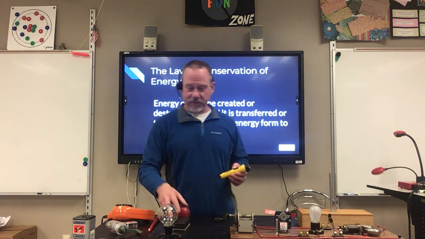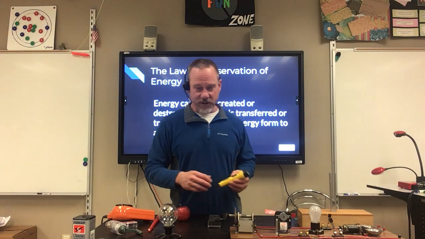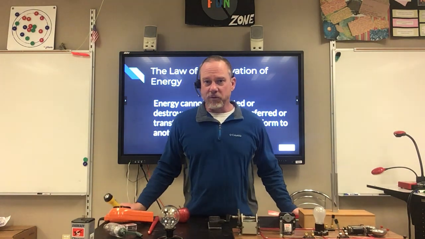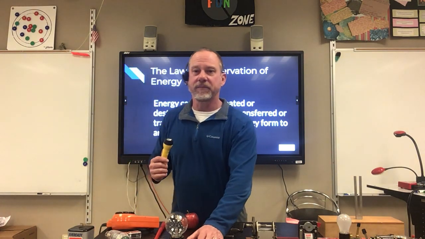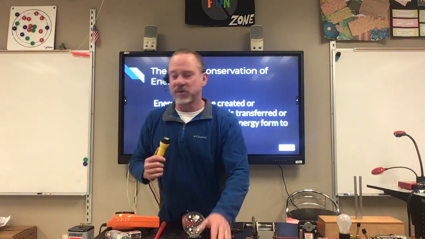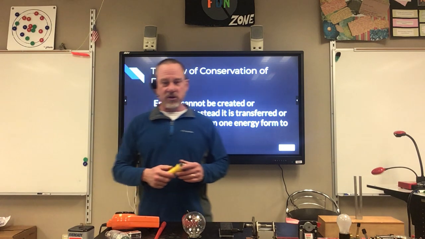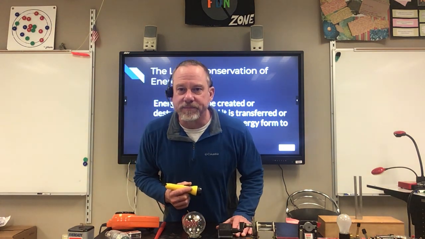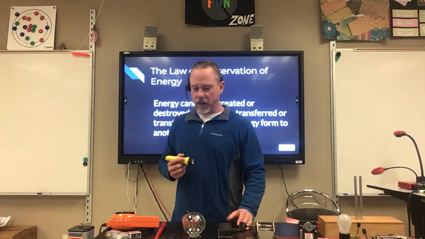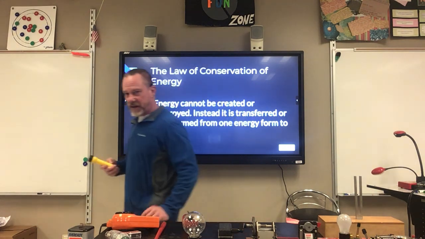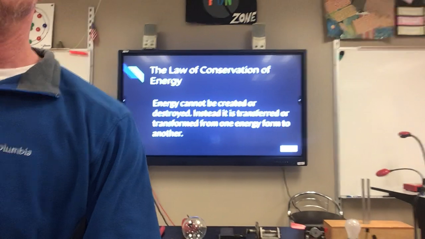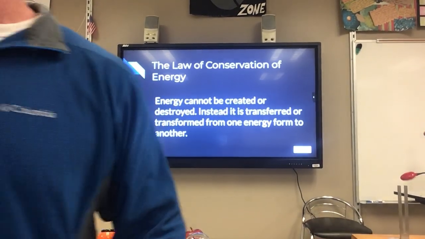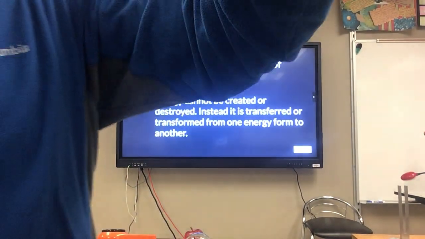And just to show you, here's another fairly neat device. Hope you guys can see this here. This is called a radiometer. Let me see if I can get my iPad zoomed in a little bit.